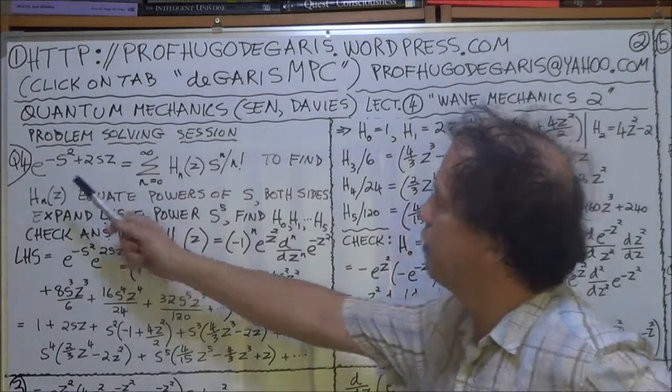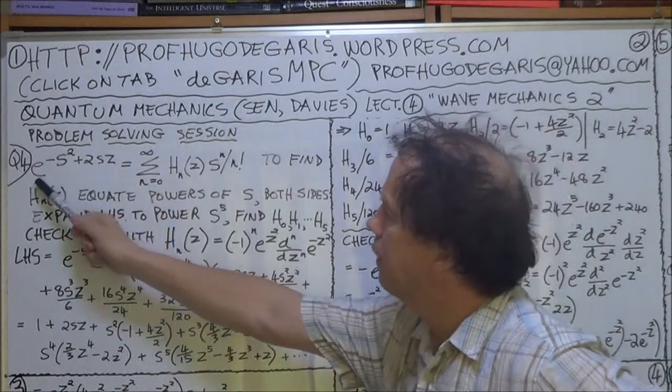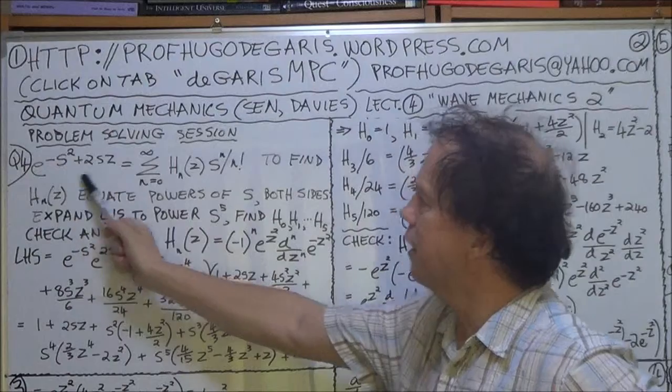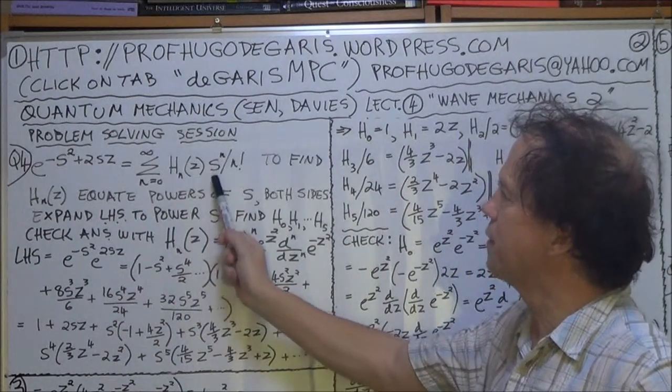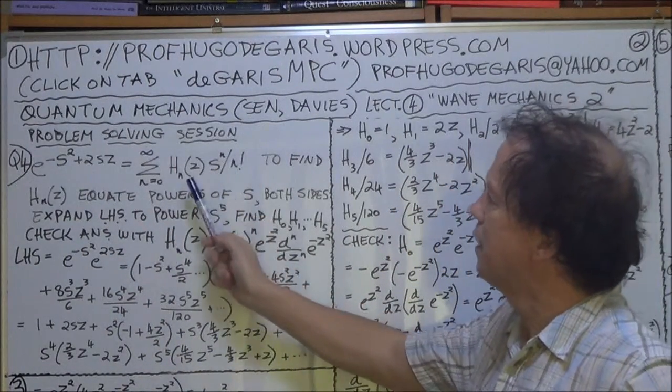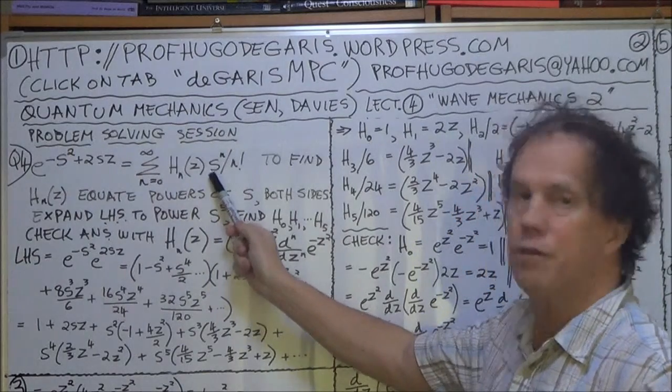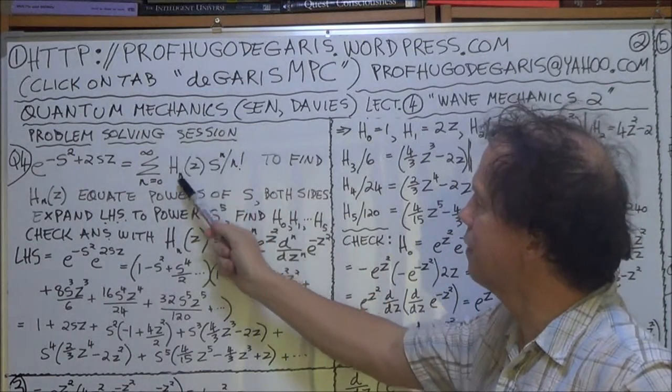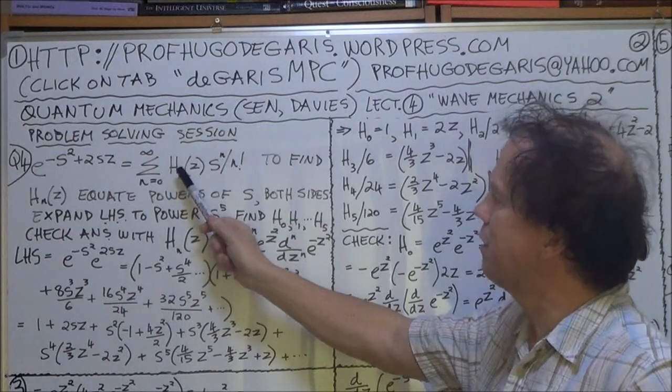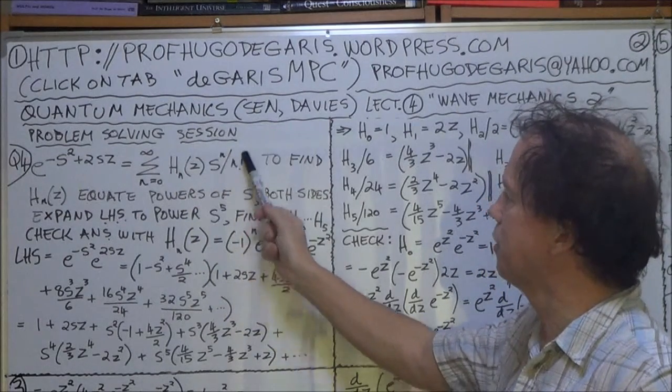You're given a generating function. You're told if you expand this out in powers of s, then the coefficient of that power of s is the Hermite polynomial divided by n factorial.